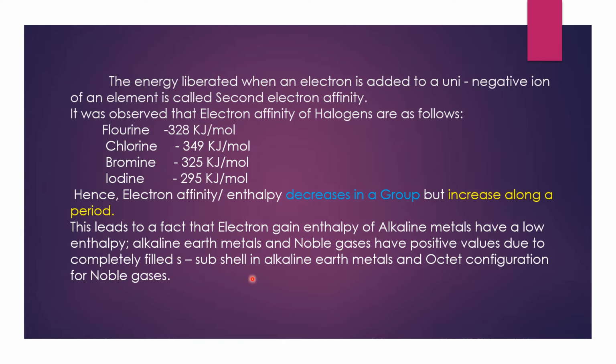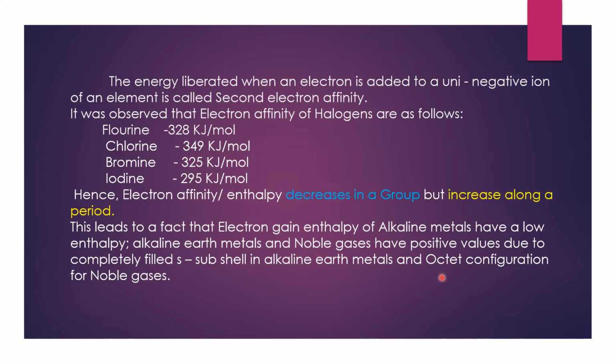It was also observed that alkaline earth metals and noble gases have positive values due to completely filled s orbitals. The reason alkaline earth metals have higher electron affinity than alkali metals is that the s orbital in them is completely filled. In the same way, noble gases have octet configuration.